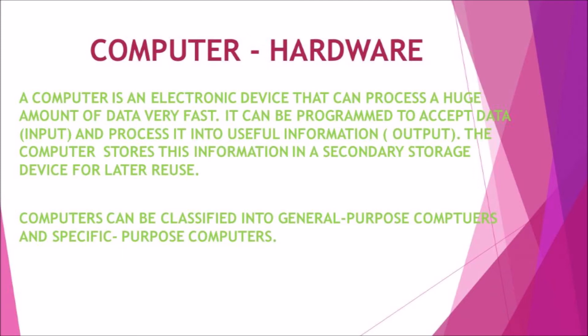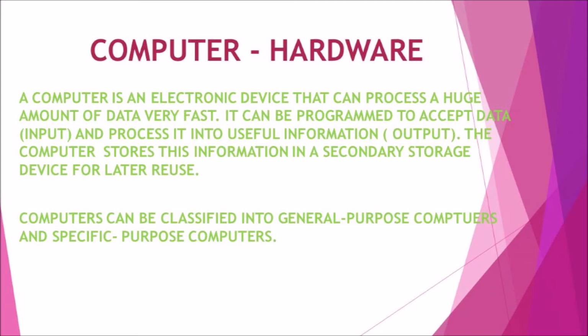So we give the data as the input to the computer, it processes the data into a meaningful form, and it produces the information as an output. So this is the process of the computer. So how does the computer work? The computer stores the information in storage devices, which we call secondary storage.